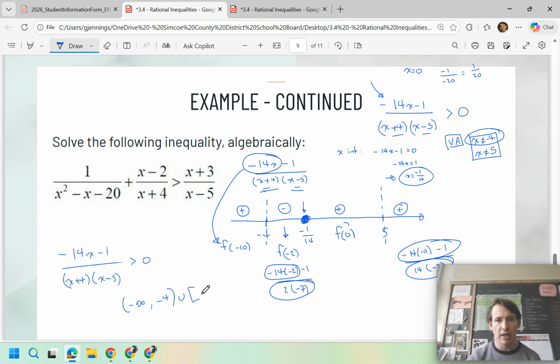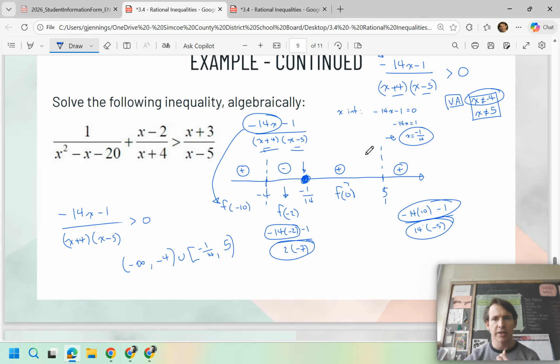So that would look like minus 1/14 all the way to 5, not inclusive because 5 is a vertical asymptote. And then going off to infinity, we're going towards 0. And as x is very, very large, that's very, very negative.